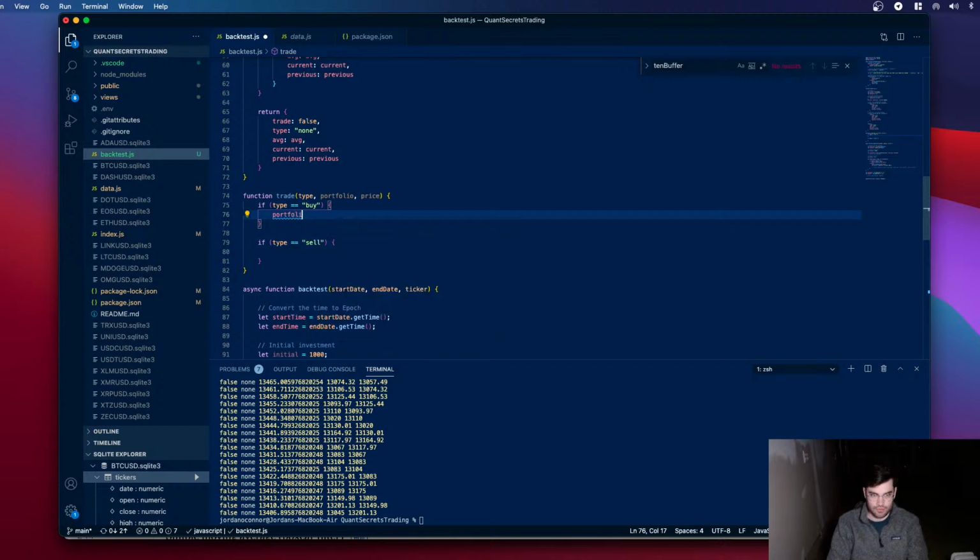So it'll be portfolio equals portfolio divided by price. And then when I do a sell, portfolio is going to equal the portfolio times the price.